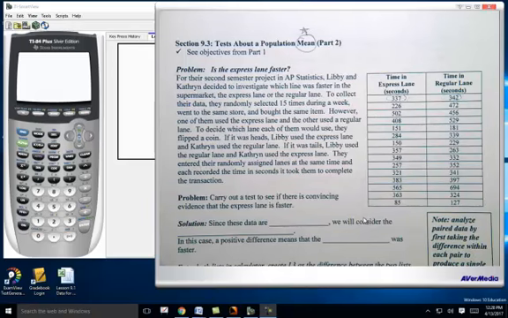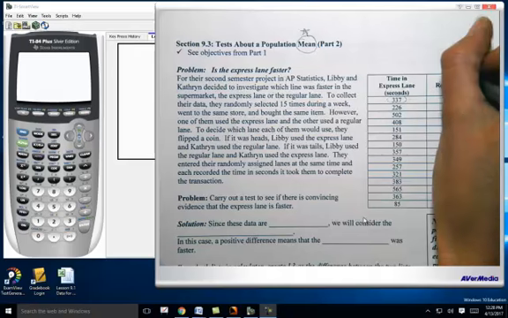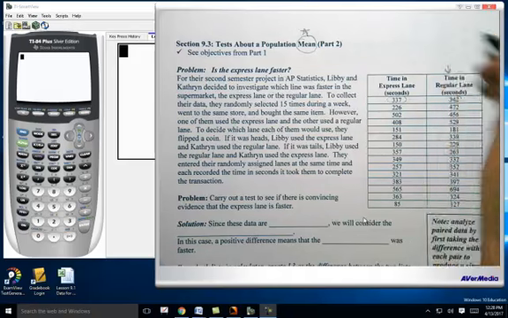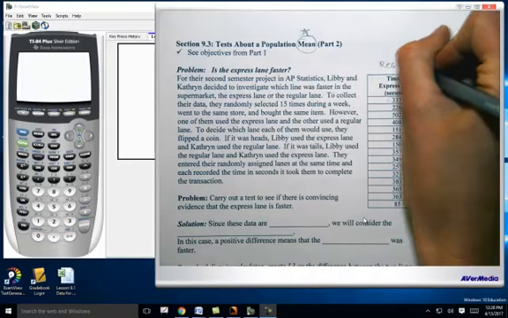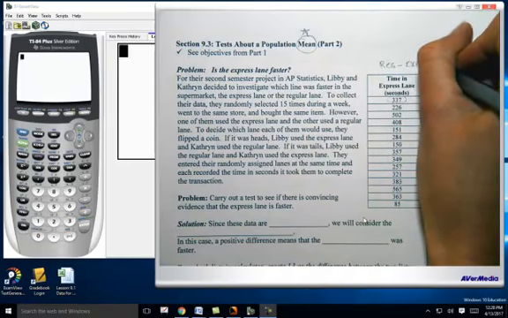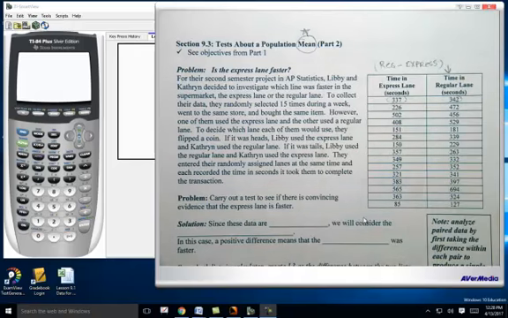So we're going to take the regular time and subtract the express time, so regular minus express. Now, we could do it the other way, but it just makes more sense to do it in this direction.